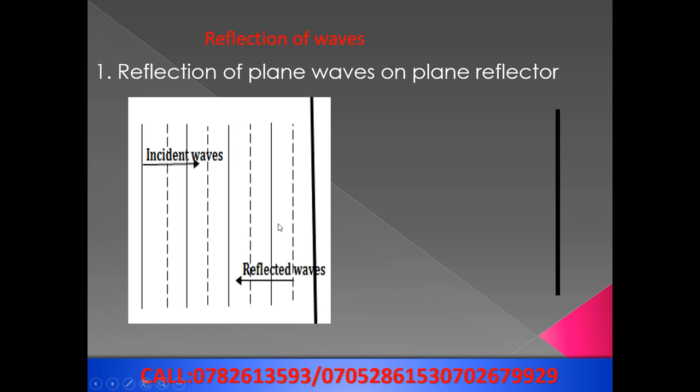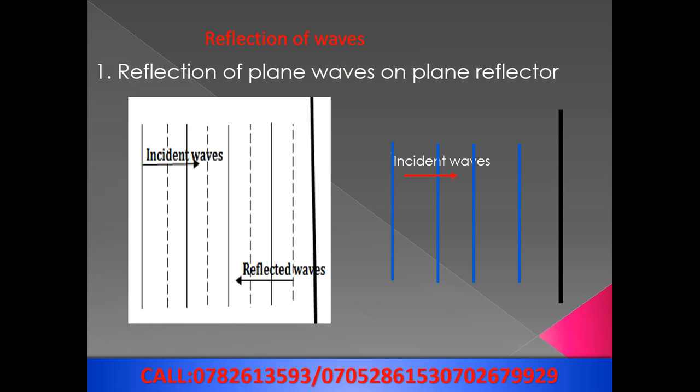So let's look at the action. That is our reflector, and we have our plane waves. When you have our plane waves, how are they reflected? When they come, then they are reflected. Those are incident waves.